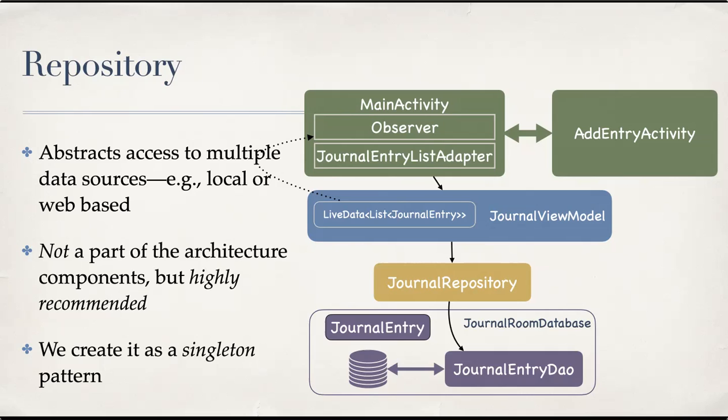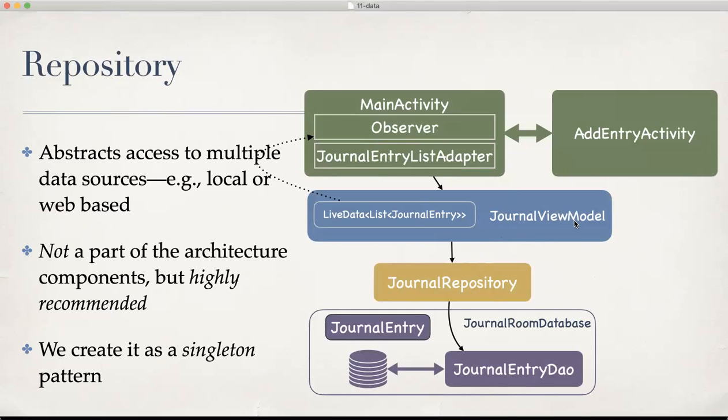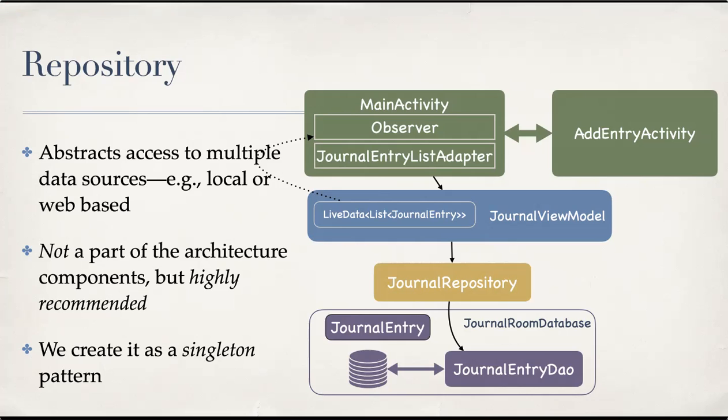Again, it could be local or web-based. The layer above the view model need not know where exactly the database is. That information is abstracted through the journal repository, and that is the main contribution, the important aspect of the repository in this structure.